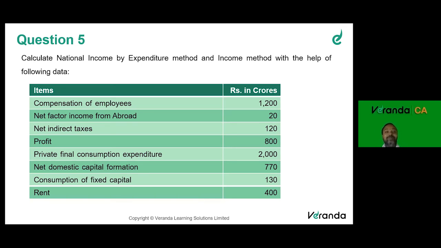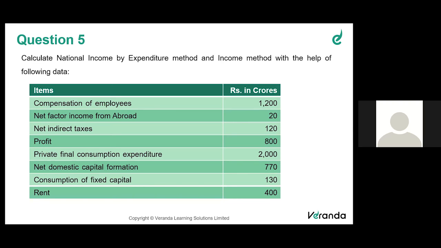Next comes something called profit, 800 crores. Whether this will come in the expenditure method or in the income method. Anything, any guesses will do. Income. It won't actually come in both, because profit is nothing but your excess of income over expenditure.